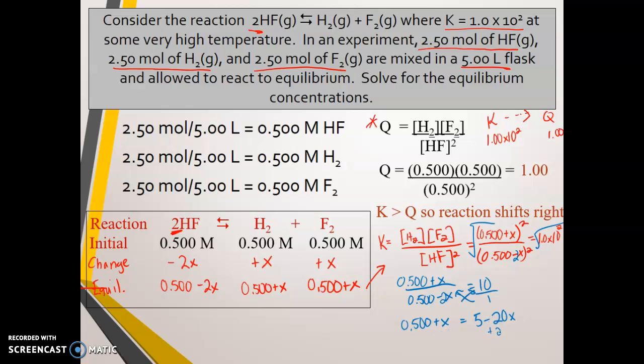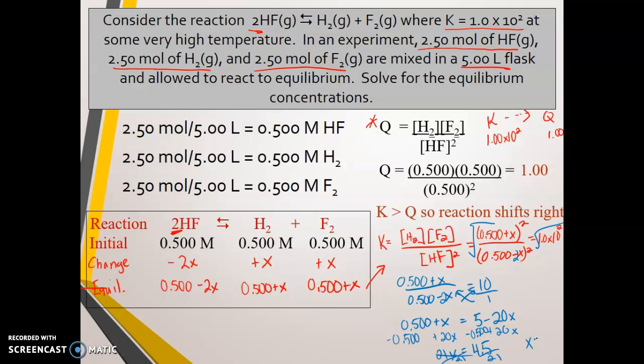I'm going to add 20x, so this is going to give me 21x is equal to 4.5, and then divide by 21 on both sides.